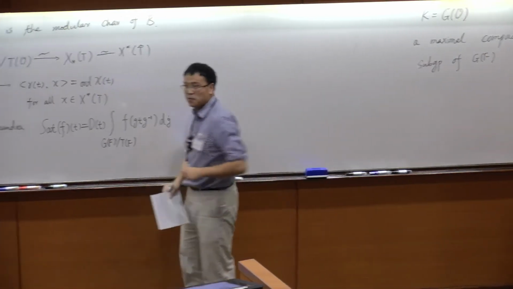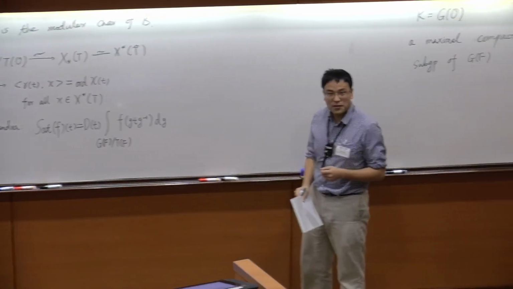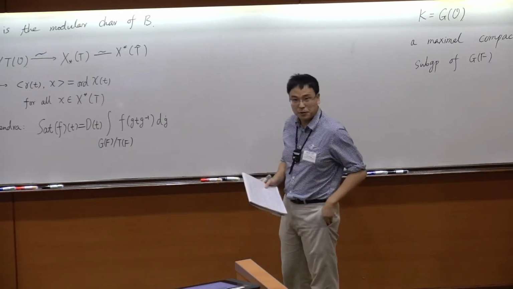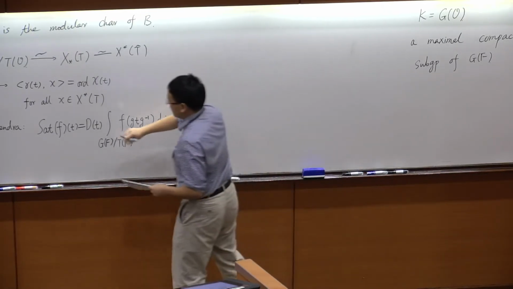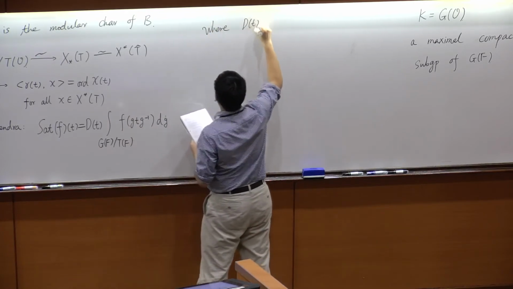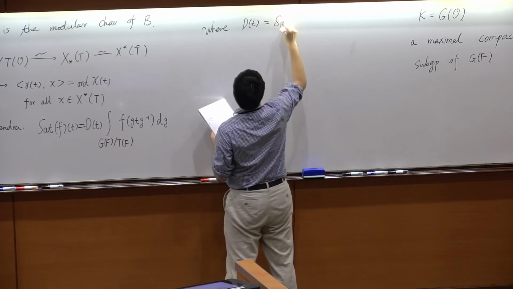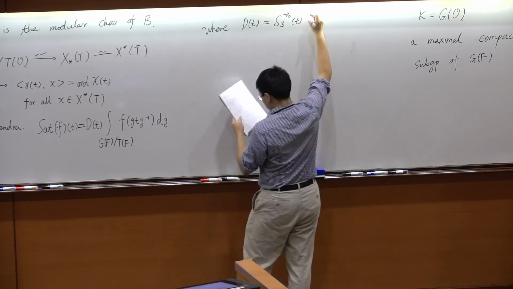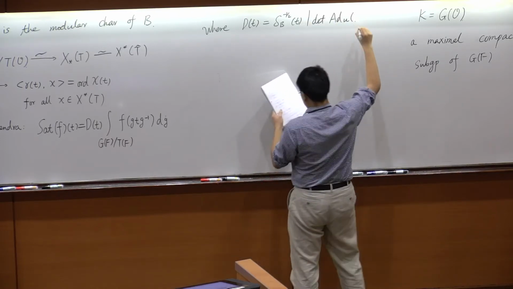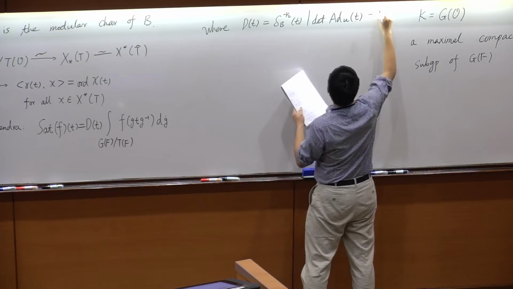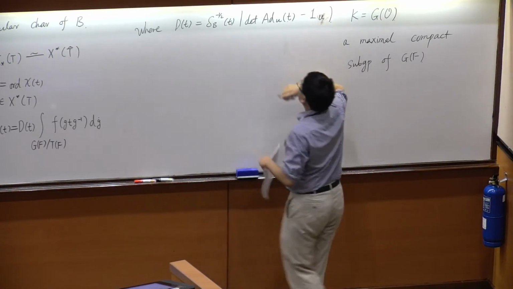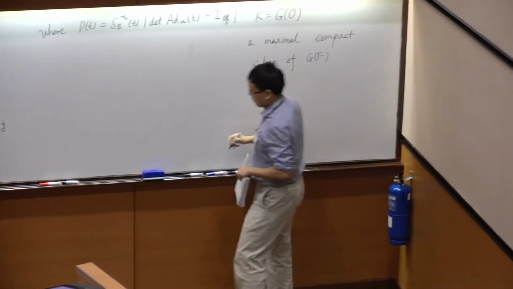This is also an orbital integral for the split torus case, and for the test function f we take here from the Hecke algebra. Here dt is the discriminant, and here U is the Lie algebra of the unipotent part.